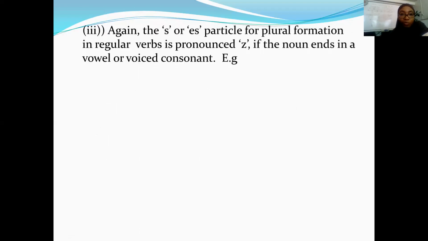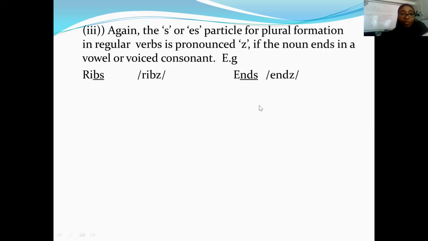Now the third rule: the s or es particle for plural formation is pronounced z if the noun ends in a vowel or voiced consonant.